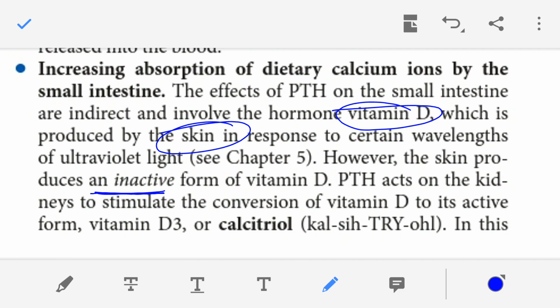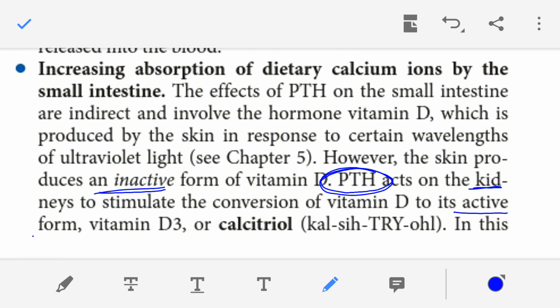Okay, so this vitamin D via blood reaches the kidney, and in the kidney, this PTH acts on this inactive form of vitamin D and converts inactive vitamin D into its active form. So the active form of vitamin D is known as vitamin D3 or calcitriol.